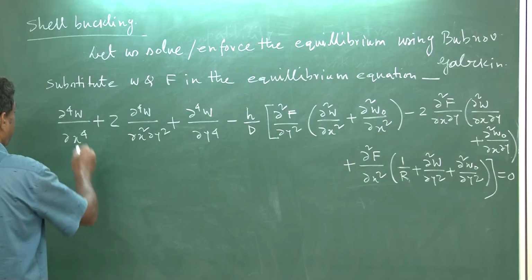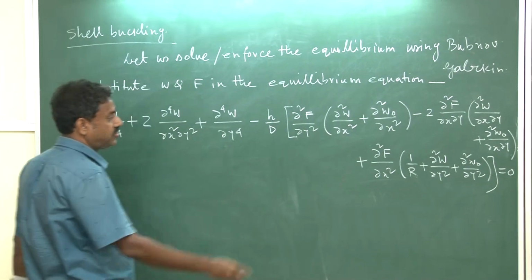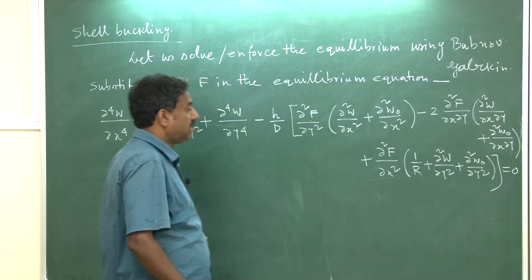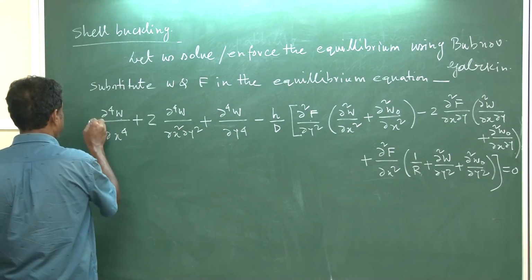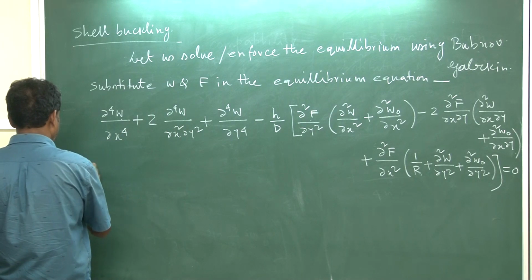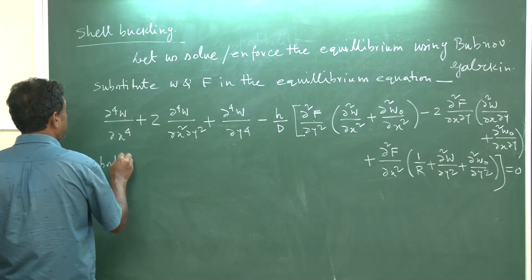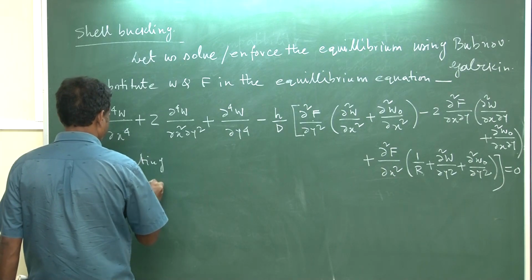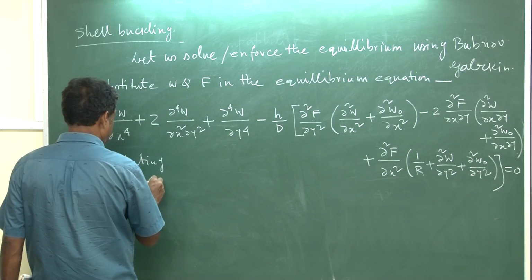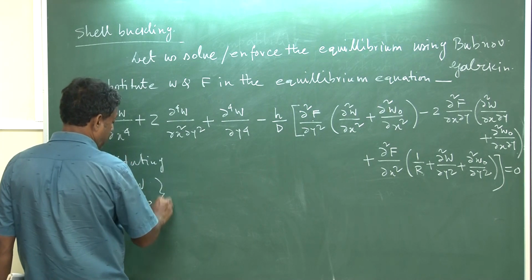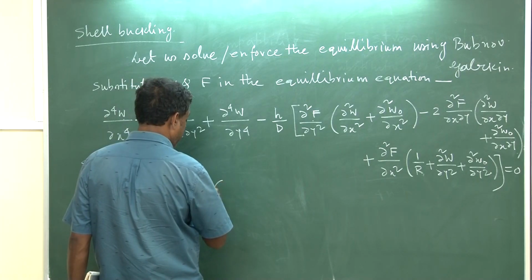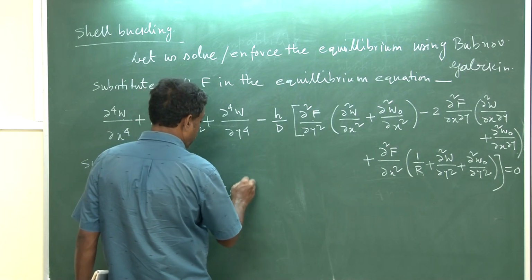So, you substitute w, you substitute f, you substitute w0, whatever I am assuming. If you substitute, there will be an error term; I am assuming error epsilon, this is the error.